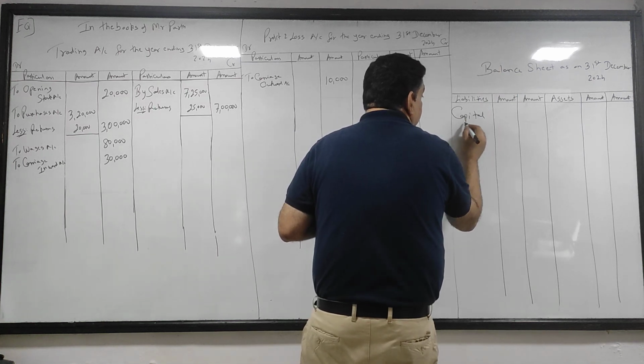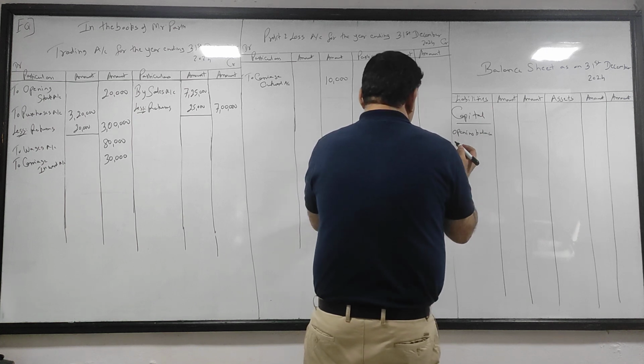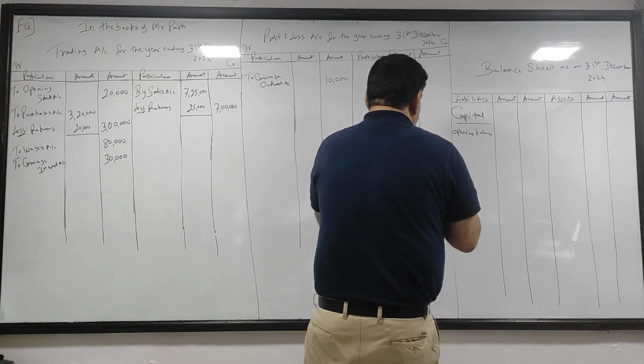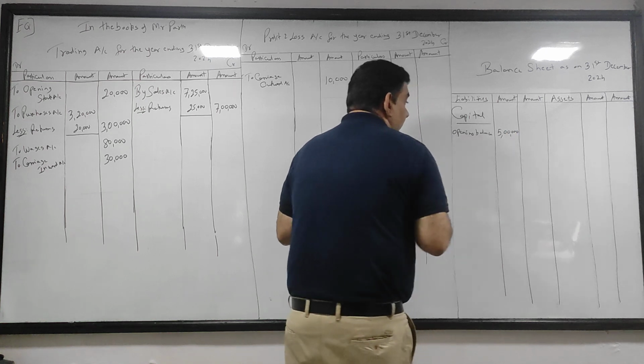Now what you will do? Write capital, underline opening balance and put in the first column 5 lakhs. Why?